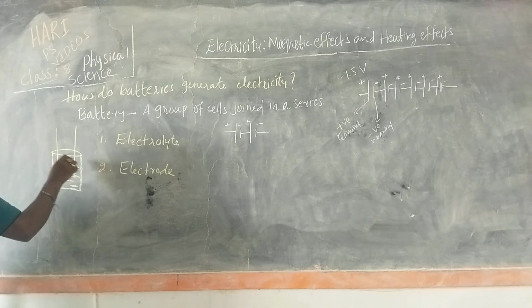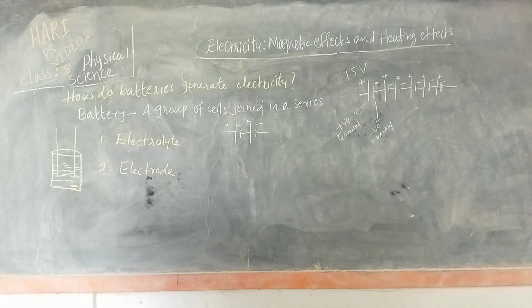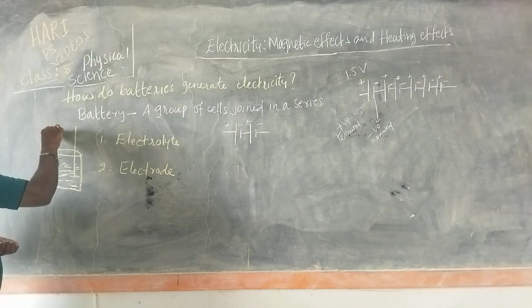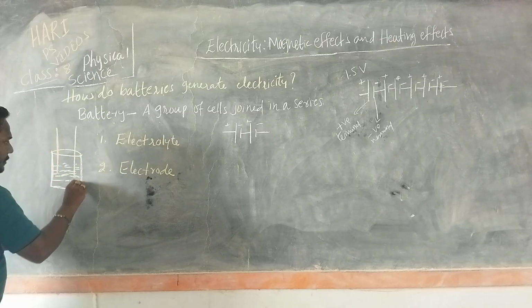Here I am showing a diagram. This is copper, this is the zinc, and this is the container.